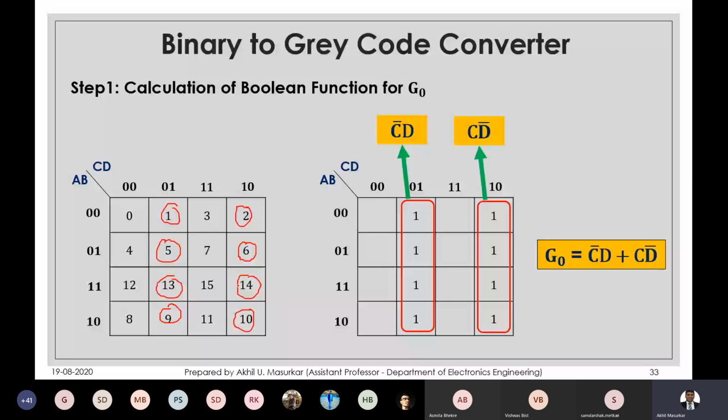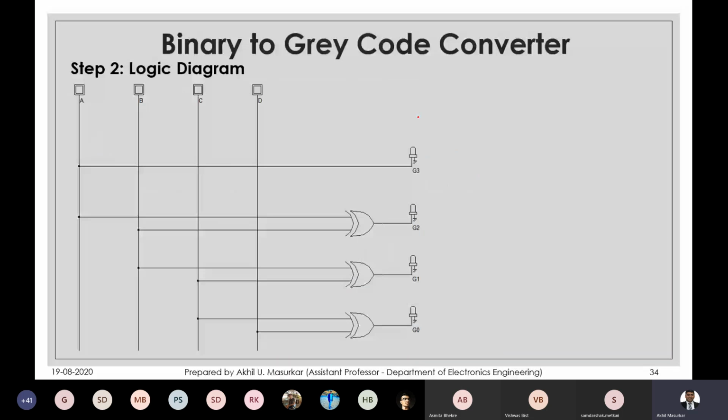Okay. So my circuit will look somewhat like this. So this is G3 itself. Here we have A bar B plus AB bar, which is nothing but A XOR B. That is why I'm using an XOR gate.